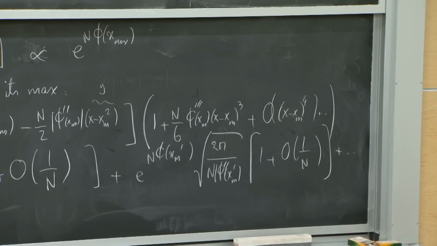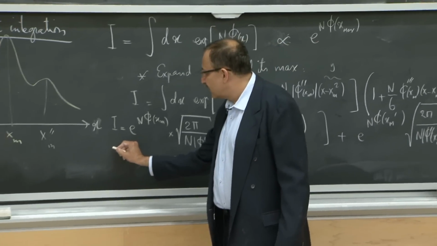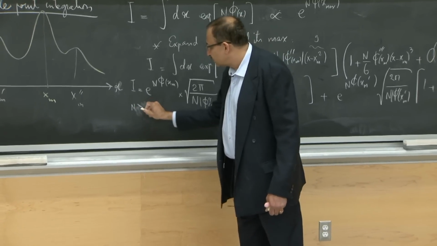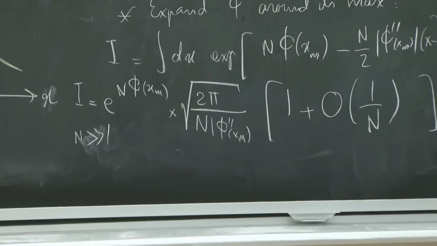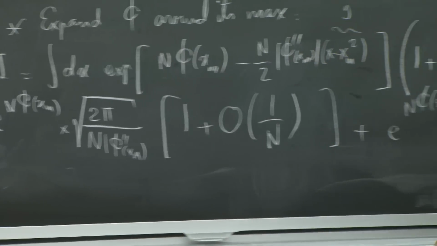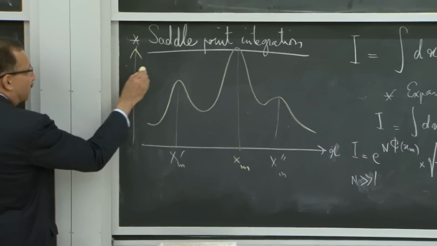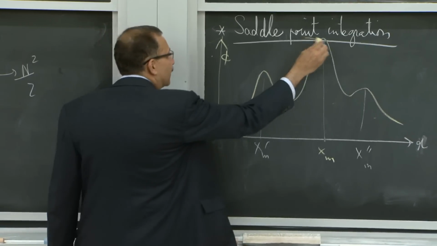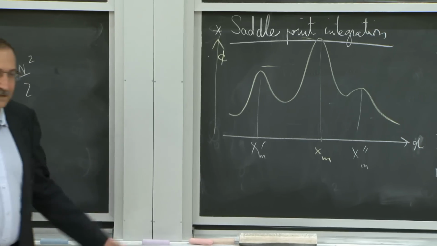Okay. Now we are interested in the limit where n goes to infinity, or n is much, much larger than 1. Now, in the limit where n is much larger than 1, if I were to plot not e to the phi, but phi itself, let's imagine that these two phi's are different by, I don't know, 0.1, 10 to the minus 4.